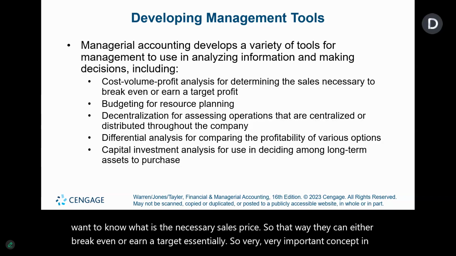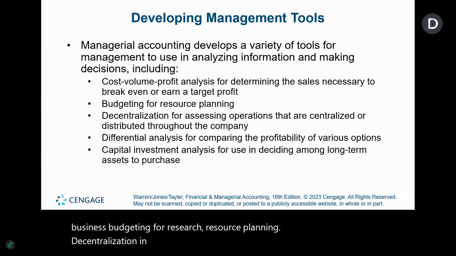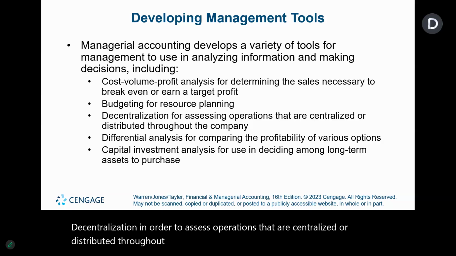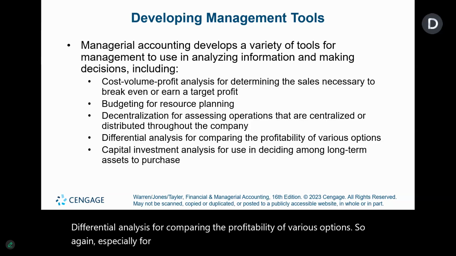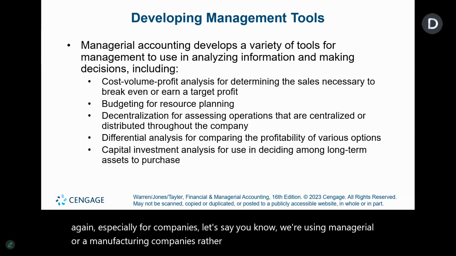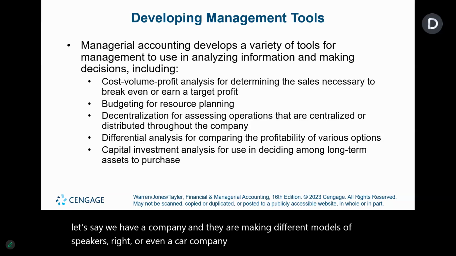Budgeting for resource planning, decentralization in order to assess operations that are centralized or distributed throughout the company. Differential analysis for comparing the profitability of various options. So again, especially for manufacturing companies, let's say we have a company making different models of speakers, or even a car company making different models of cars.